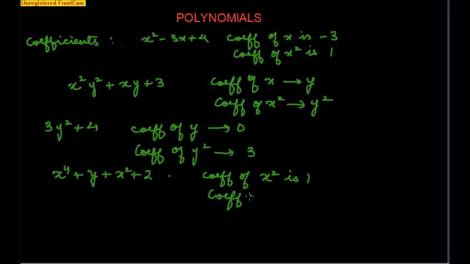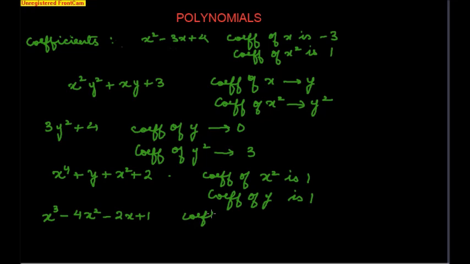Please see, the coefficient of y is also 1 and the constant here is 2. Now I take a new polynomial, x cube minus 4x square minus 2x plus 1.